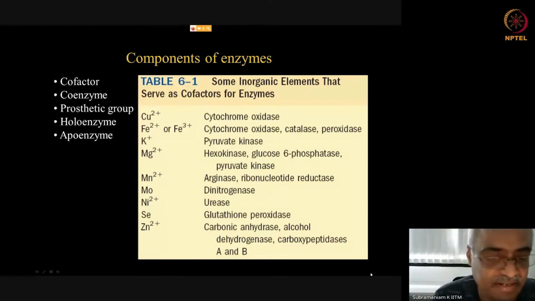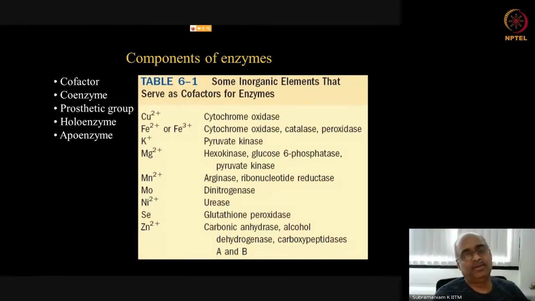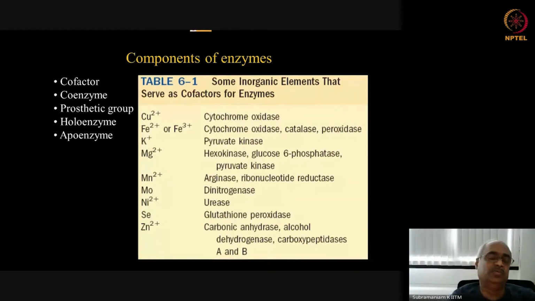So a few important non-peptide components, we need to familiarize ourselves with in the context of enzymes. Most enzymes are not catalyzing the reaction simply using their polypeptide chain alone. Embedded in this polypeptide chain are other molecules, and they are called cofactors.